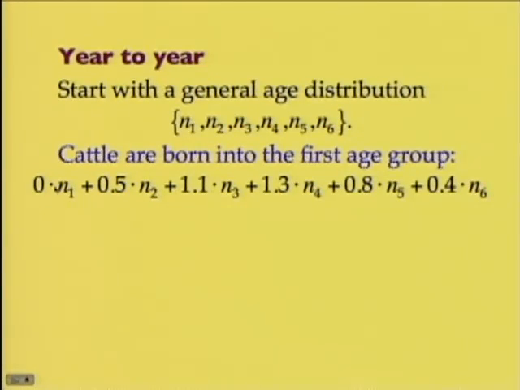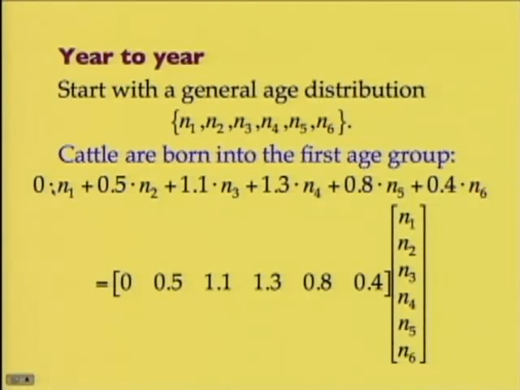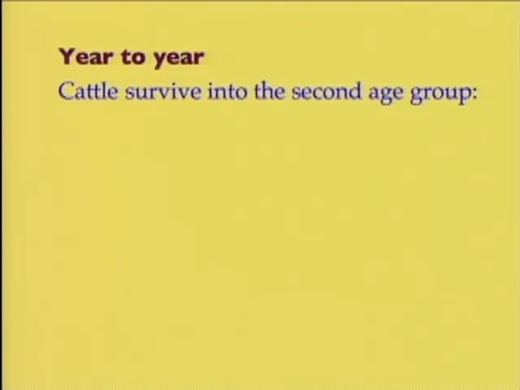Okay? And that's a fairly messy calculation, but I can clean it up a little bit using matrices. Watch this. I could say, well, just take your birth rates and put those in a row of a matrix. Take my age distribution, put that in the column, and then all of a sudden that's matrix multiplication that I'm doing. Okay? If I worry about, okay, how many survive to get into that second age group, well, that's the way you get there. You're not born into that second age group.